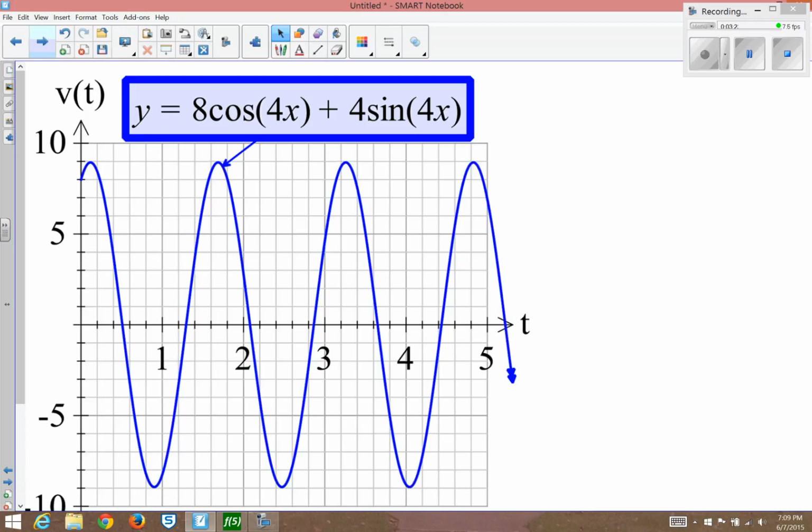It's graphed as y equals 8 cosine 4x plus 4 sine 4x, but think of the x's as if they were t's, and think of the y as if it was v for velocity.